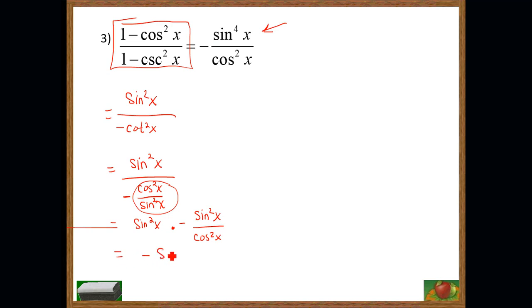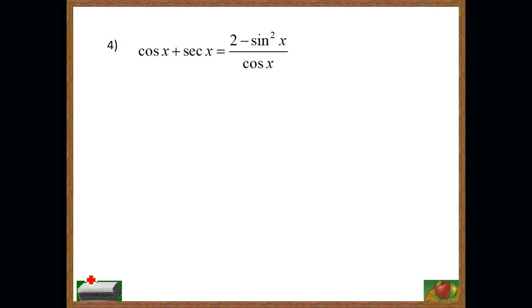I have negative sine to the fourth, a sine squared times another sine squared, all over cosine squared x. There we go. My final answer, what I was trying to prove, I worked it to get to that place. It didn't necessarily look simpler, didn't get down to a cotangent or anything, but we did accomplish our end goal, which was to make it look like the right side. Let's take a look at number 4.